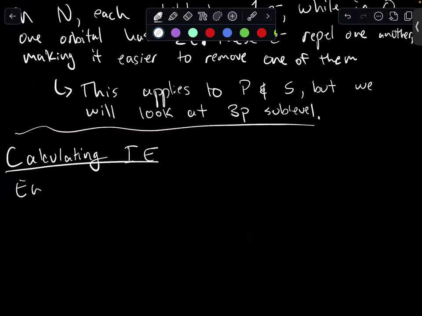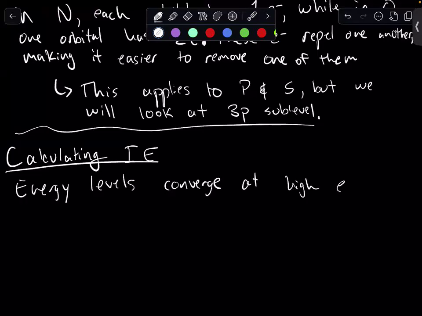So energy levels converge at high energies. This is review, but we have a term for this. When they converge at high energies, we call this the convergence limit.